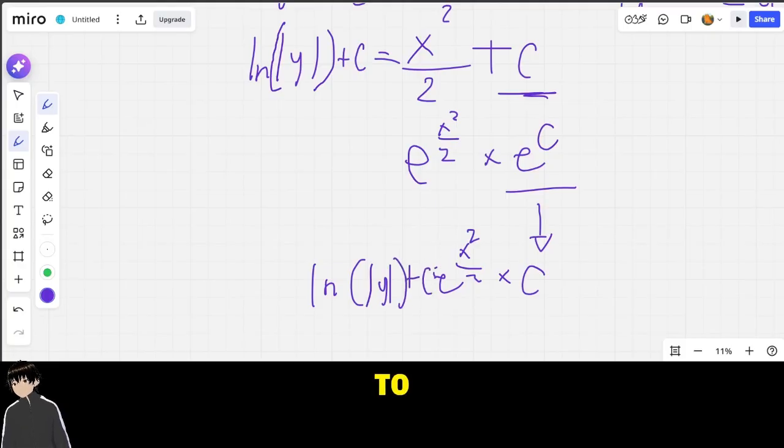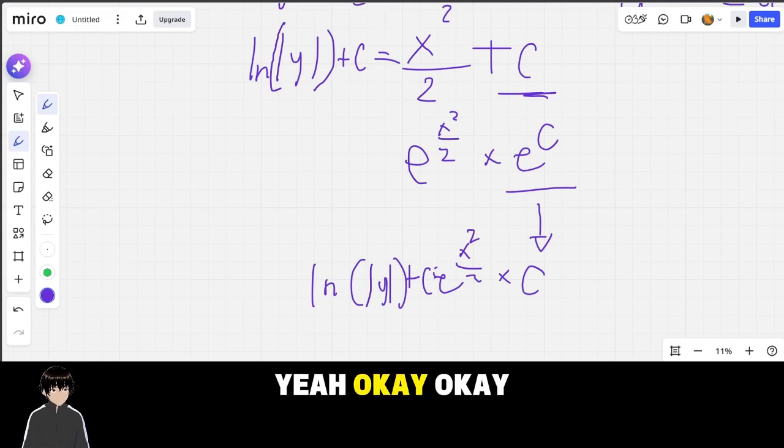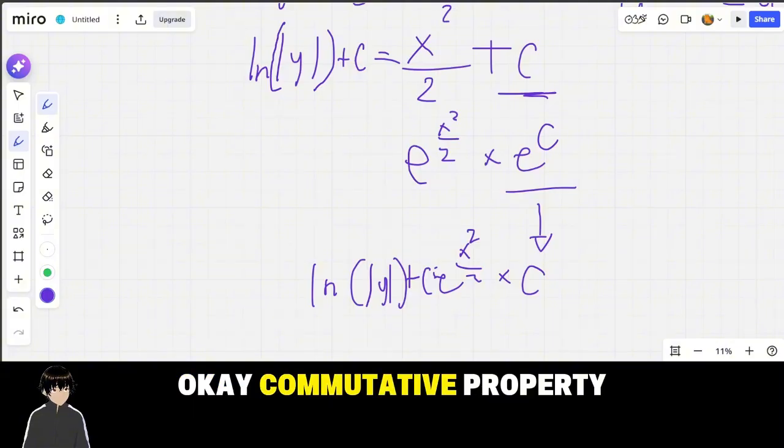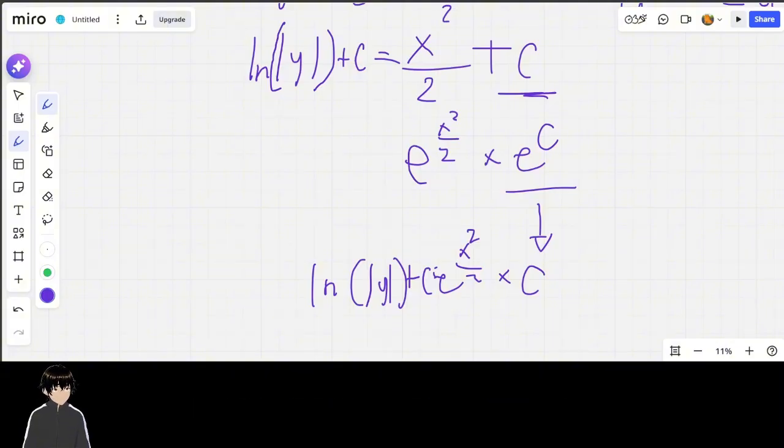we have to, hold on, let me just, yeah, okay. Okay, commutative property.